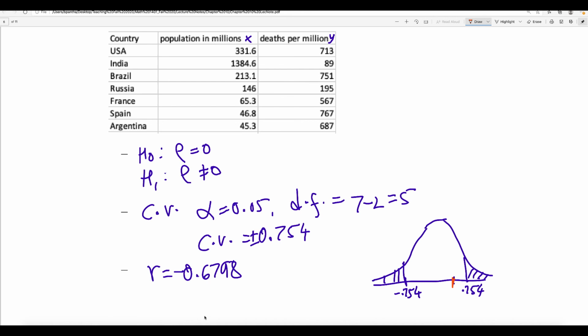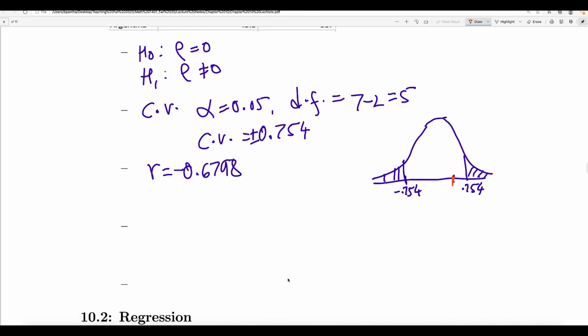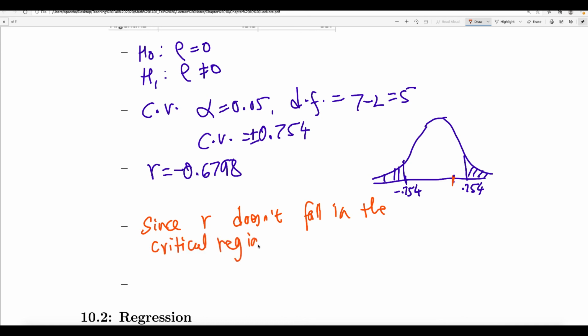So let us write down the conclusion. Since r does not fall in the critical region, we do not reject H0. We do not reject means there is no relationship between the population and the number of deaths.